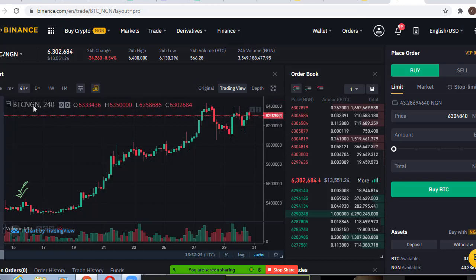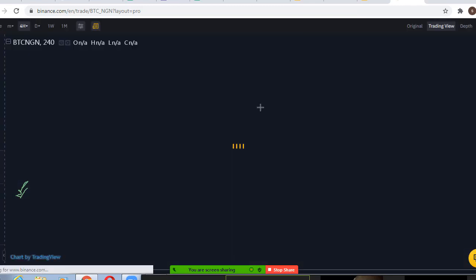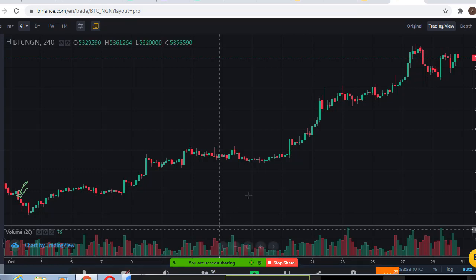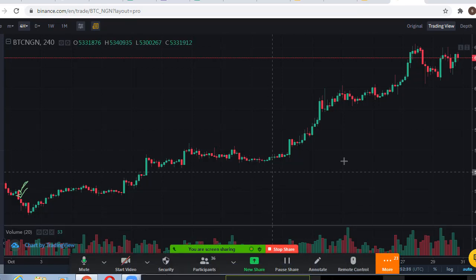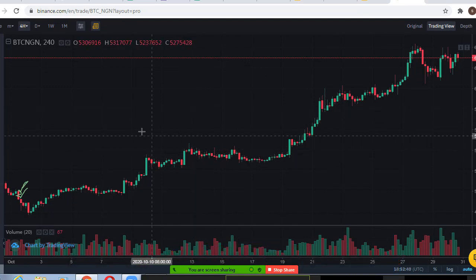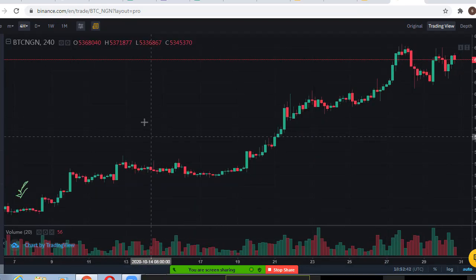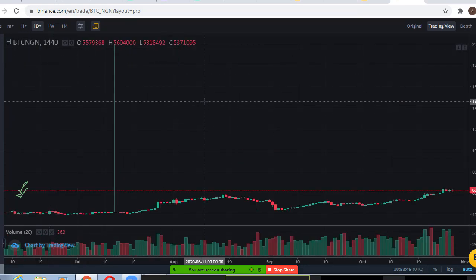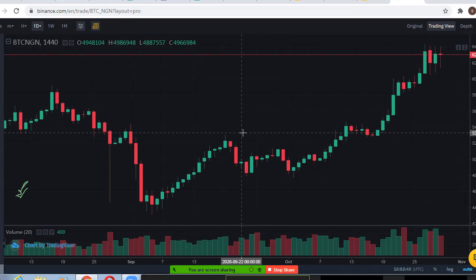This BTC NGN pair. So let me maximize my chart so you can see it very well. I hope you guys can hear me clearly. Okay, so this is the 4 hours chart. I can put it to the 1 day chart. This is a 1 day chart.